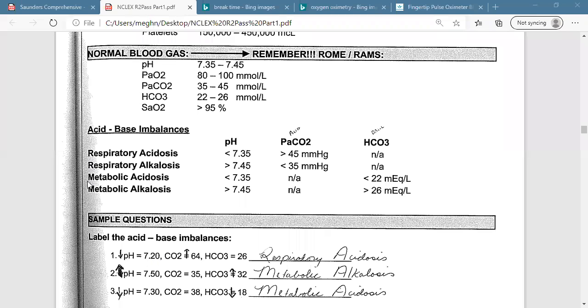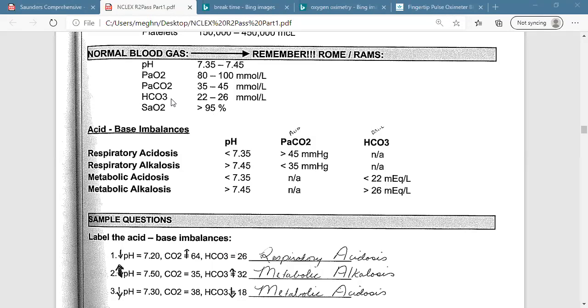Options A, B, C, D: maybe my answer is either respiratory acidosis or metabolic acidosis. To find out respiratory or metabolic, we check which one is normal and which is abnormal, right? Here carbon dioxide is 64. This is not in the normal range, but bicarbonate is 26, which is the normal range.